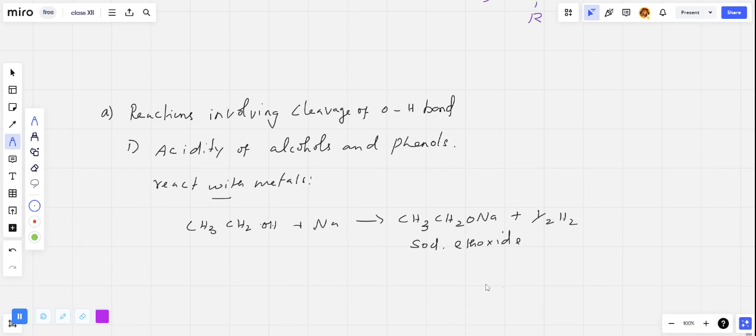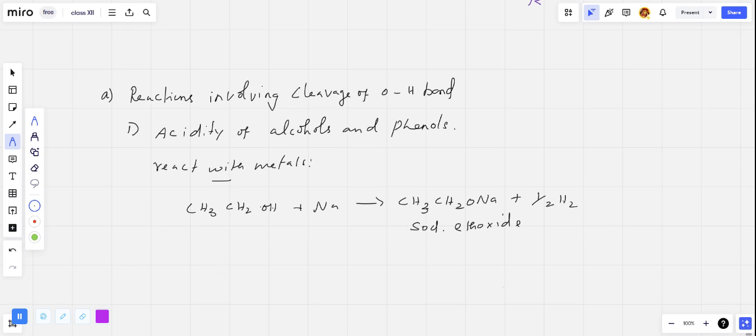In the same way, phenol also reacts with sodium and gives sodium phenoxide with the liberation of hydrogen. These two reactions show that alcohols and phenols are Bronsted acids. That means they can donate a proton to a stronger base.